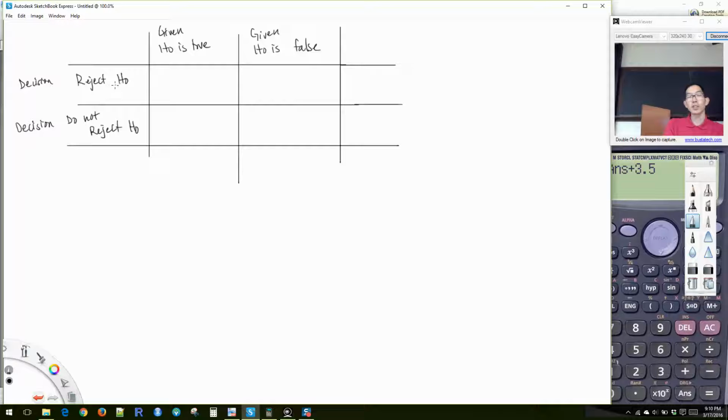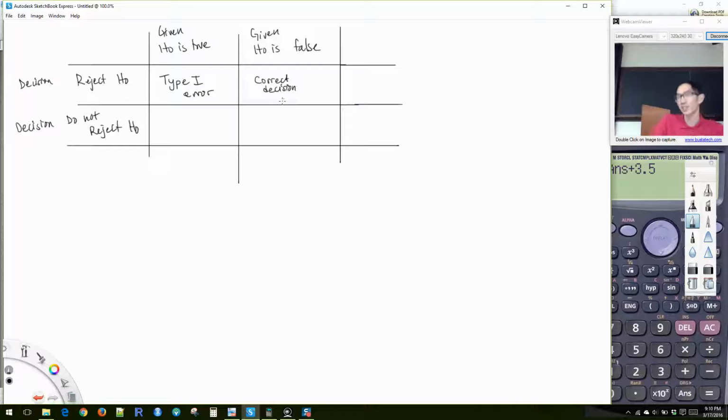Rejecting the null, given the null hypothesis is true, this is a type 1 error. Rejecting the null given the null hypothesis is false, this is the correct decision.